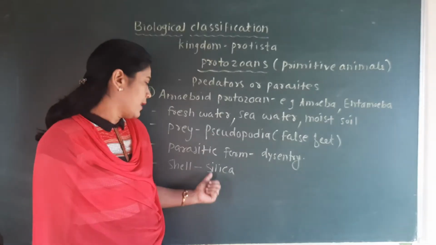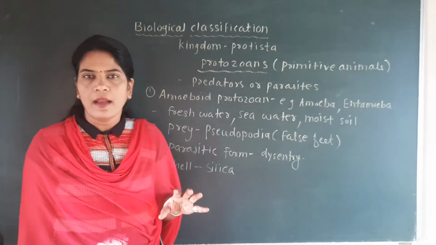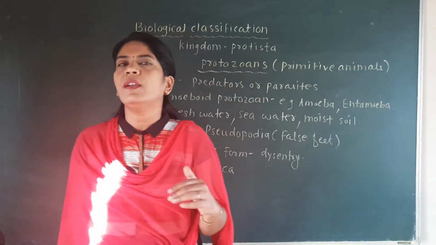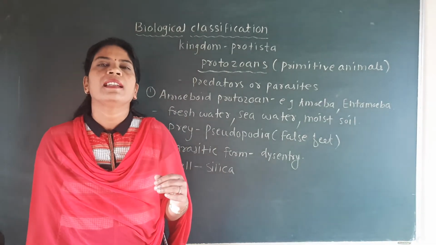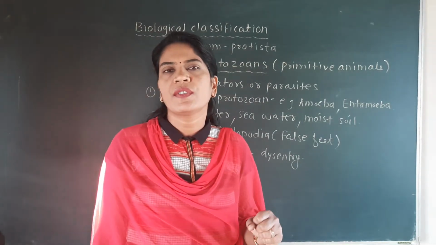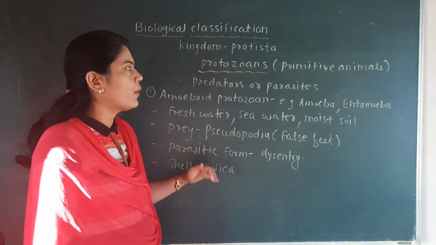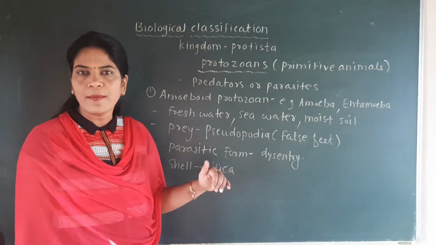And some amoeboid protozoans have a hard outer covering called a shell, made up of a hard substance called silica. Okay, so all these points are important from the exam point of view.